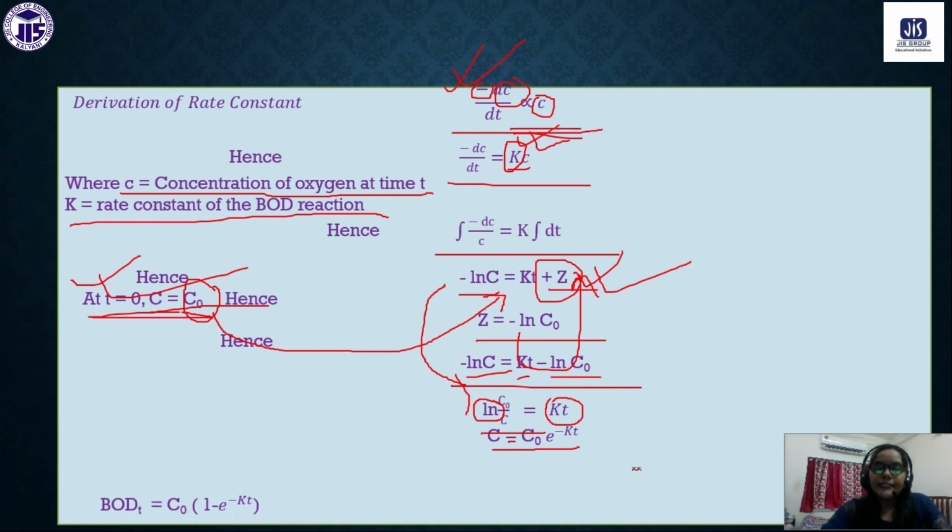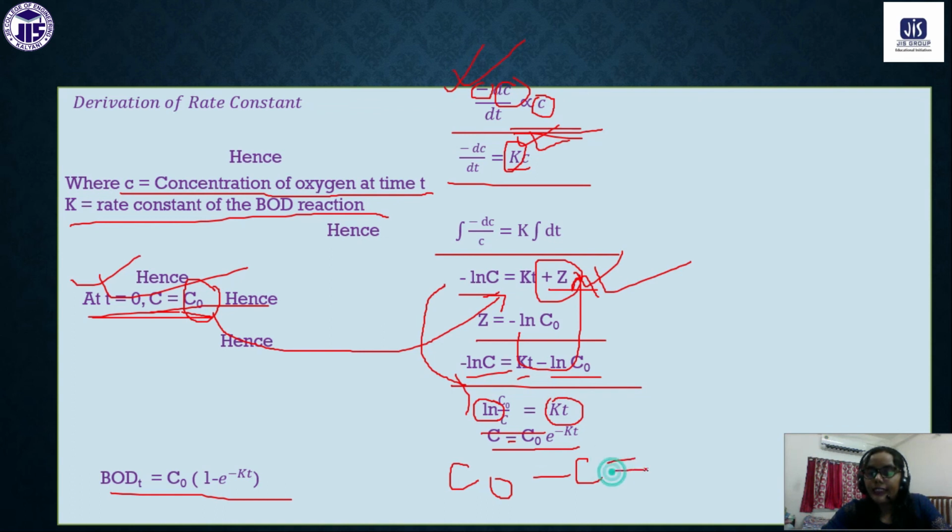Now the next step is here, that is the BOD. Now look here, why BOD? Next step, if we incorporate one C value, like C0 minus C, that is equal to what?